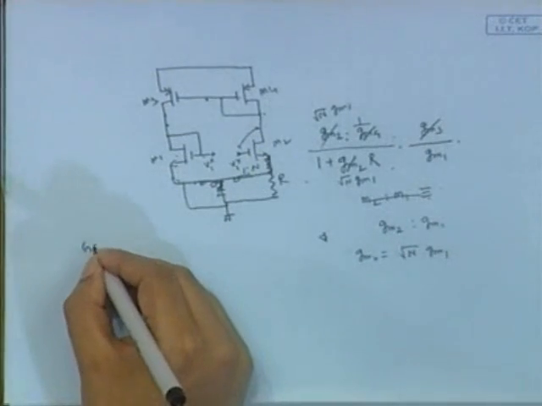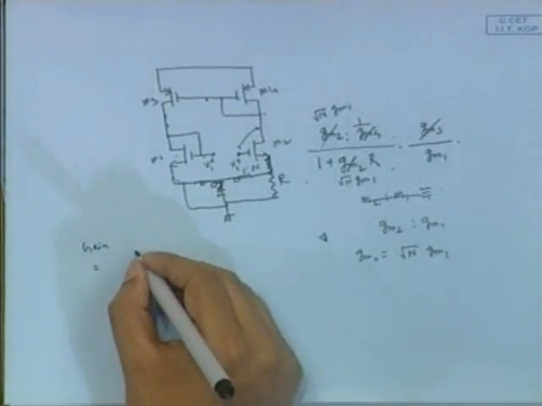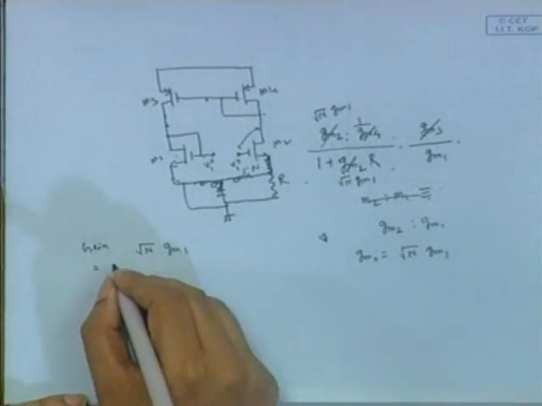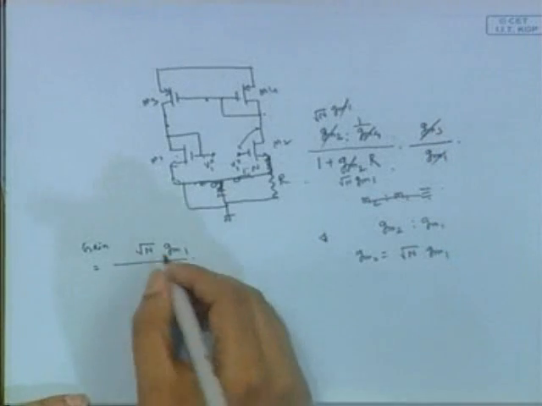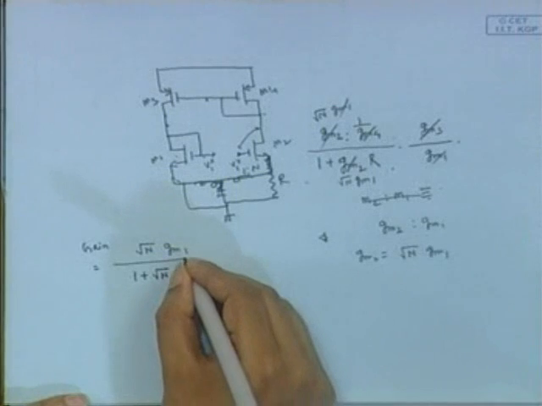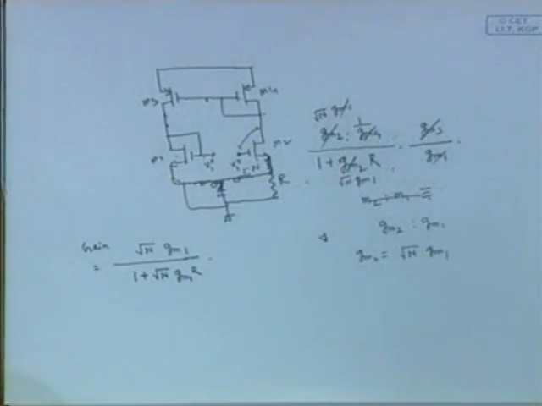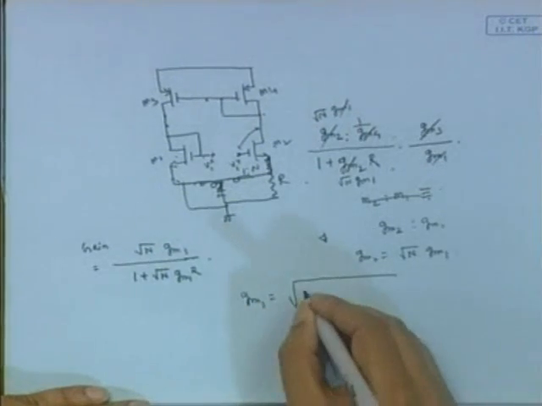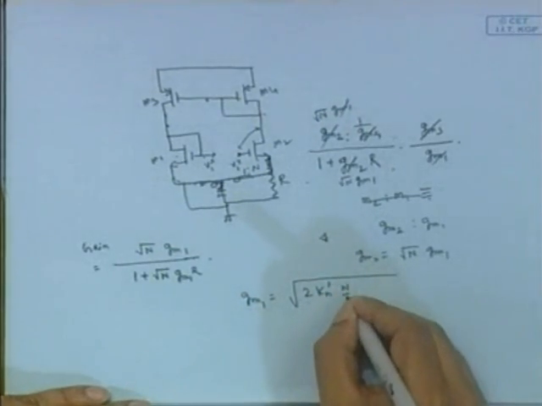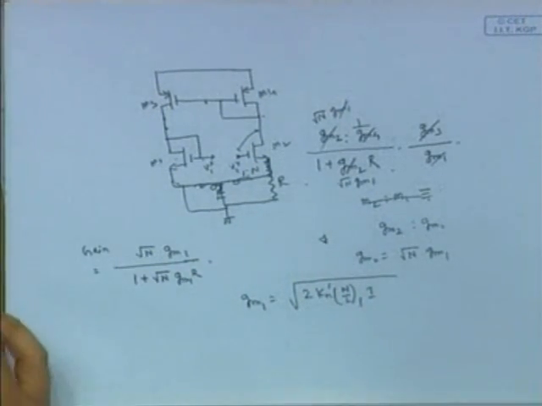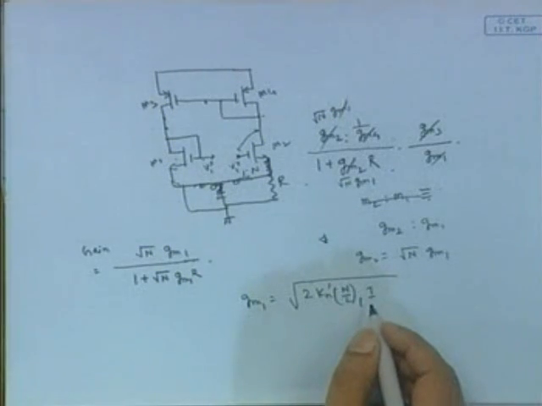So what is the loop gain here? Root n GM1, this GM1 cancels, over 1 plus root n GM1 R, right. What is GM1? It is the square root of 2 Kn dash W by L1 multiplied by I. So you have the expression of I here.